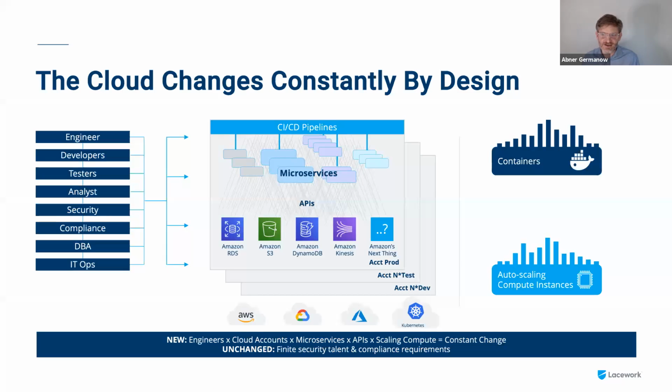To get started, the cloud changes constantly by design. And actually, before I dive into this, I'd just love to introduce my friend here, Eugene. Aside from having the coolest hair of anybody I've had on a webinar this week, Eugene is not only a partner solution architect at Amazon, but also has a long experience as a developer and operations professional in fairly large scale environments on AWS.